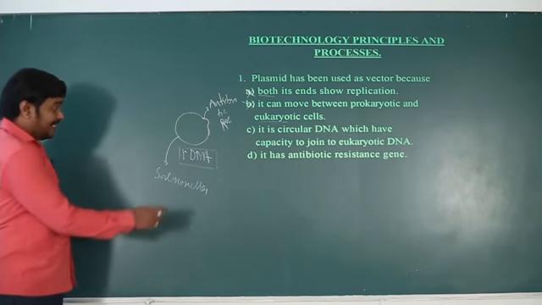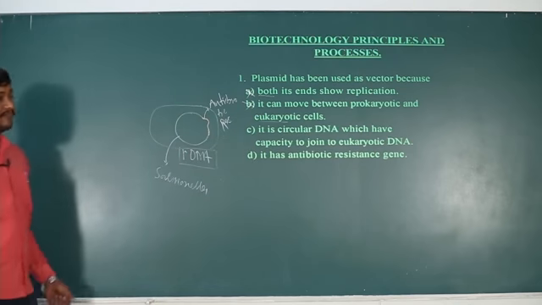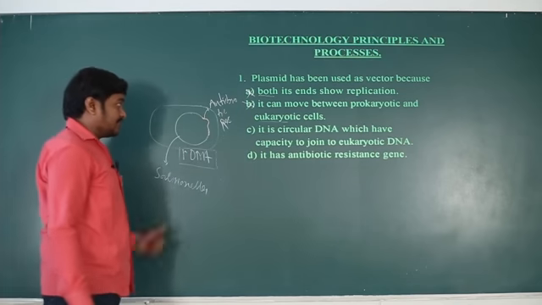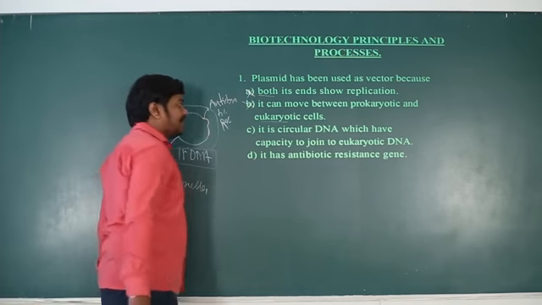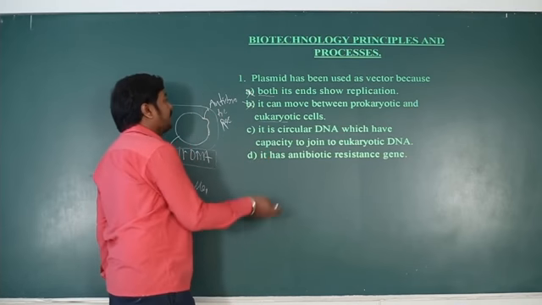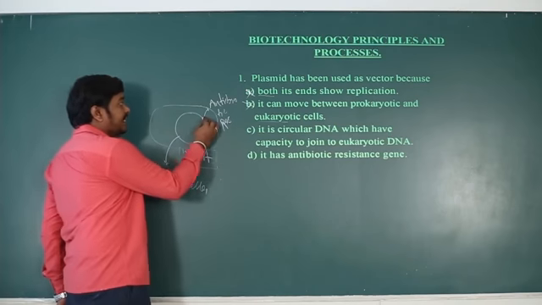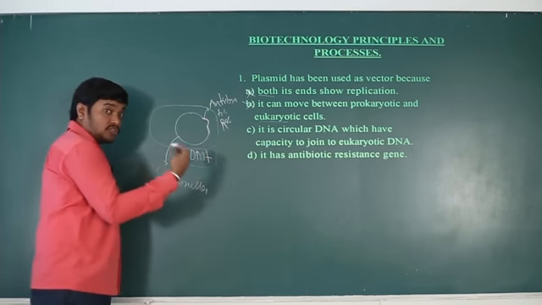Then this rDNA was introduced into E. coli bacteria. So that was the first rDNA created. Of course, the circular DNA has the capacity to join to eukaryotic DNA, so it can accept this alien DNA or foreign DNA as its own.